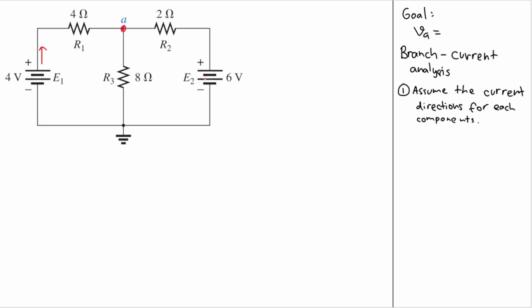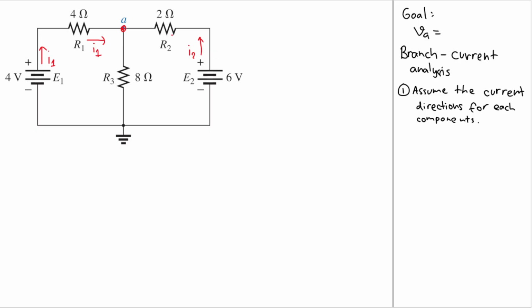And for E2 here, I also assume this battery is giving current to the circuit. Let's name this current I1 and this current I2. Because this is in series with R1, the current that passes through R1 is also I1.